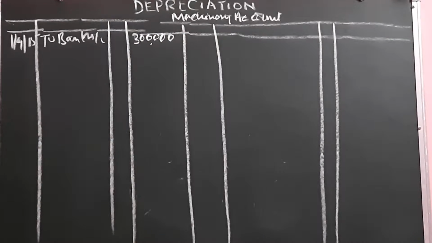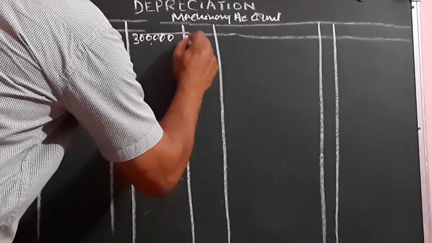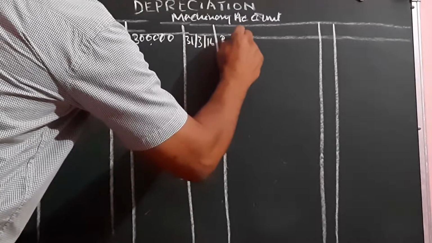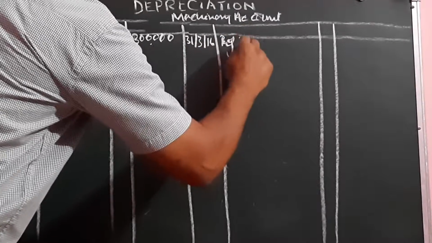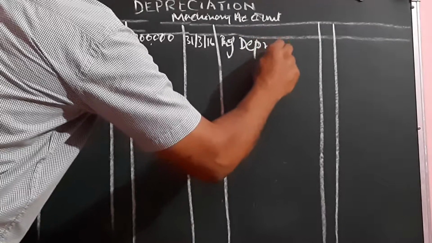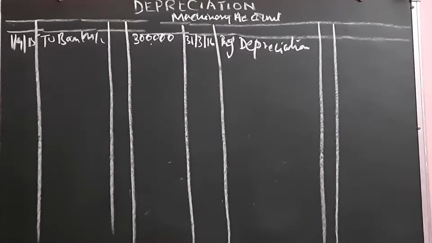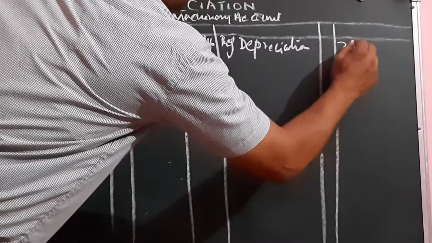And the depreciation charge on 31st March 2016, by depreciation, is 30,000. 10% of 3 lakh is 30,000.